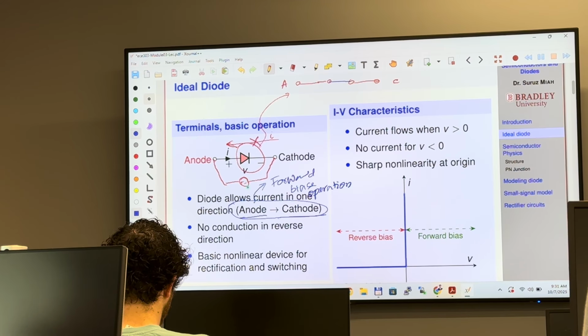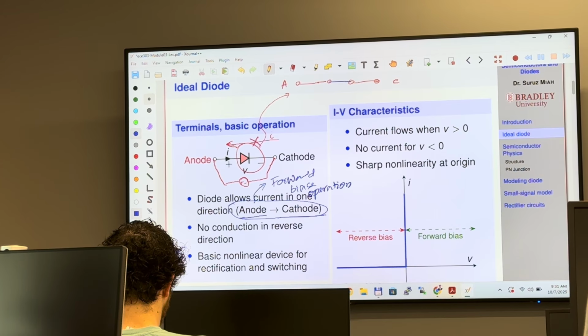If V is positive, which means the anode voltage is positive with respect to the cathode voltage, you can just think of this as a piece of wire. That's it. Simply a piece of wire, which means that the diode is on.